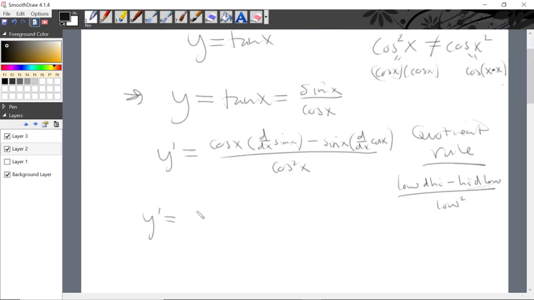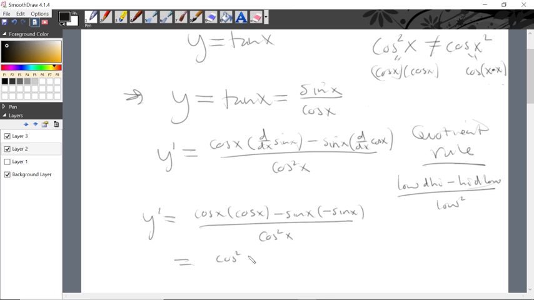Continuing here, y prime is equal to what? Well, we have cosine of x times the derivative of sine, which is cosine x, and then minus sine x times the derivative of cosine with respect to x. The derivative of cosine is negative sine x. And the denominator is cosine squared x.